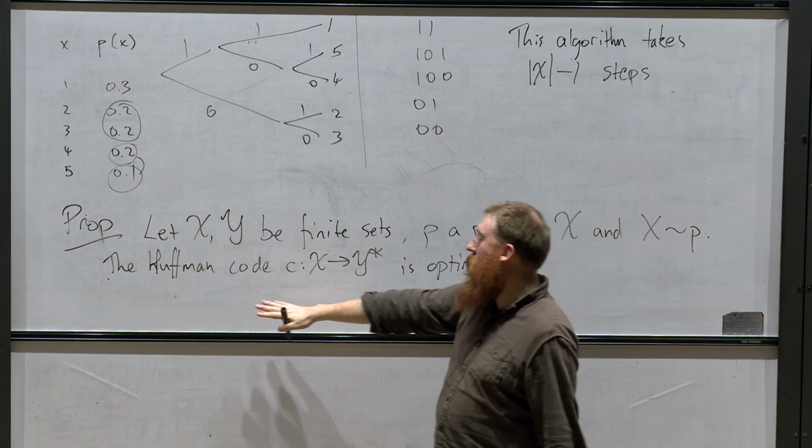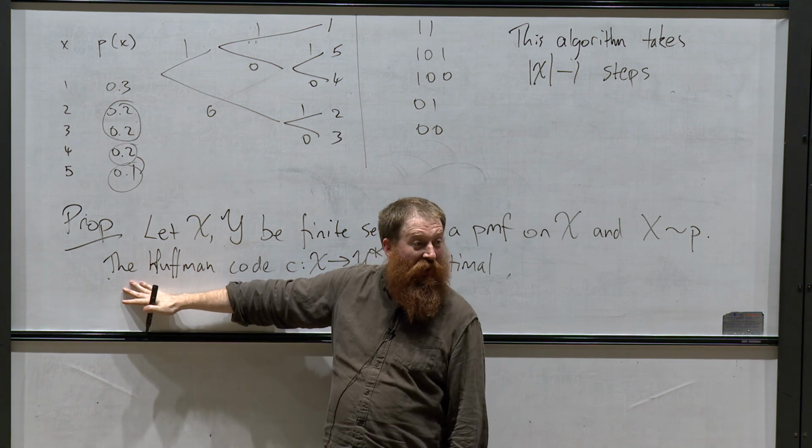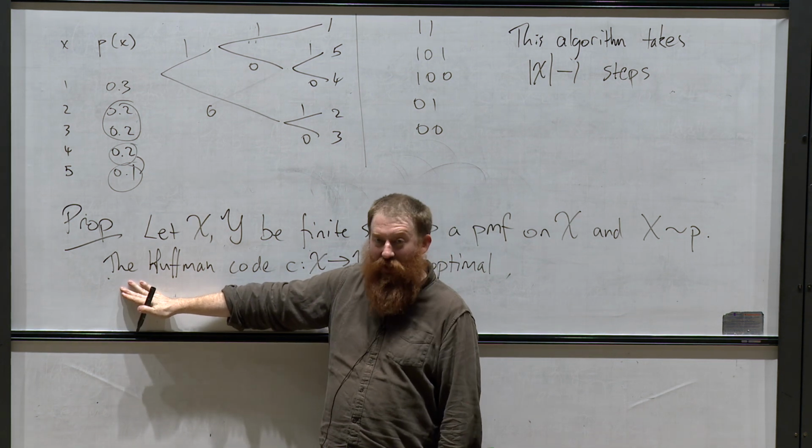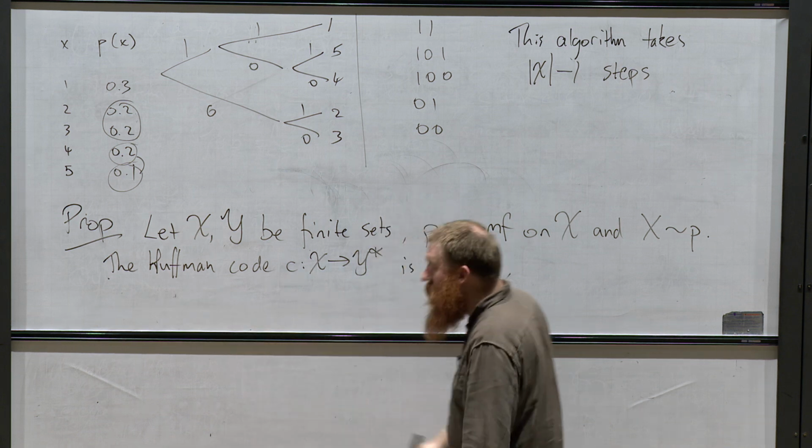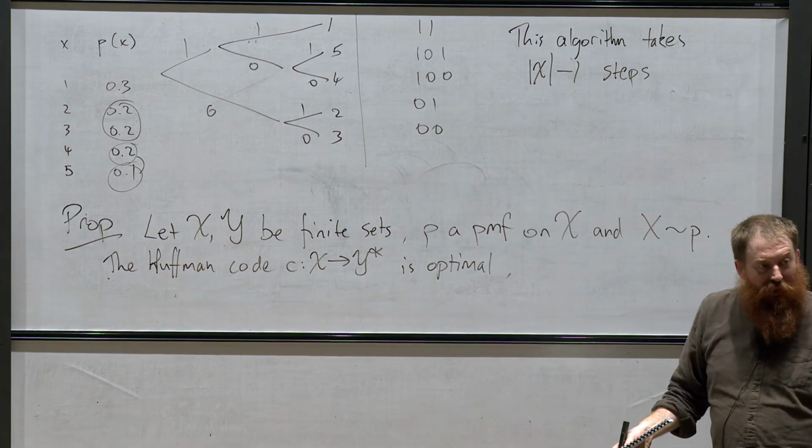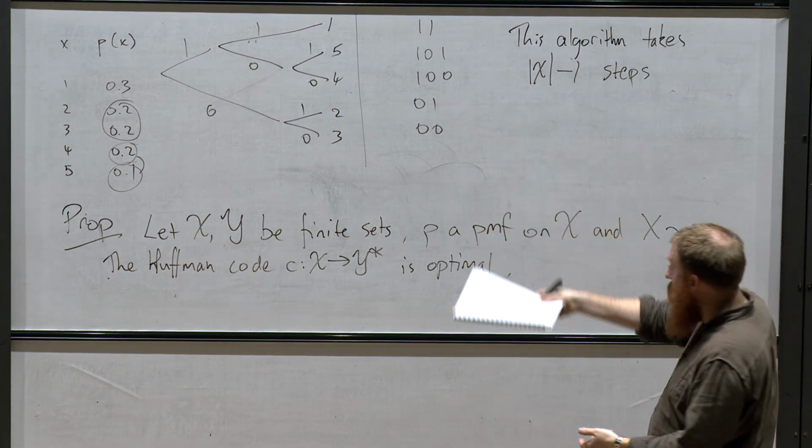When I say the Huffman code, I really should say a Huffman code, which is any code constructed using the Huffman algorithm, because there may be more than one. In fact, there's always more than one unless you tell me how to label the ones and the zeros in the tree.